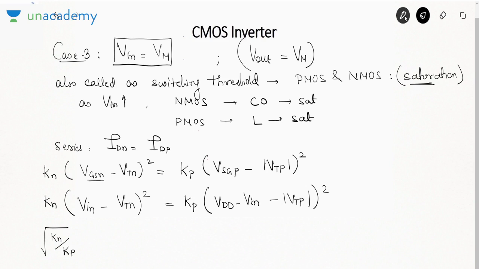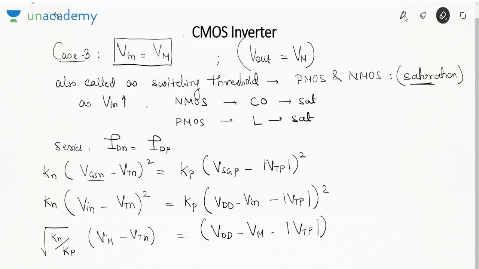So you can write root Kn by Kp, Vin, which is Vm, minus VTN, equals VDD minus Vm minus mod VTP. This square will be removed, since we have taken the square root.